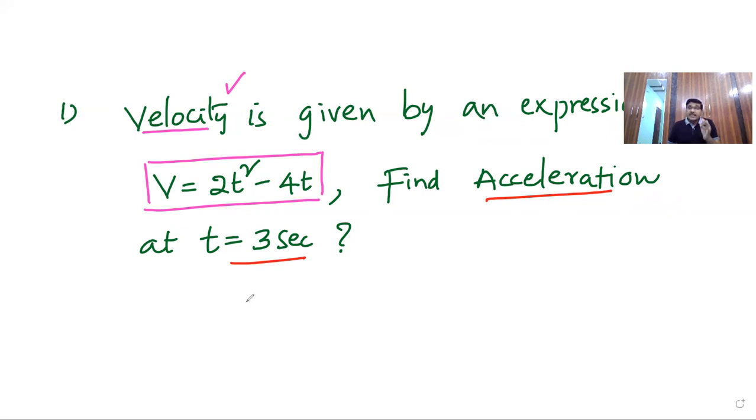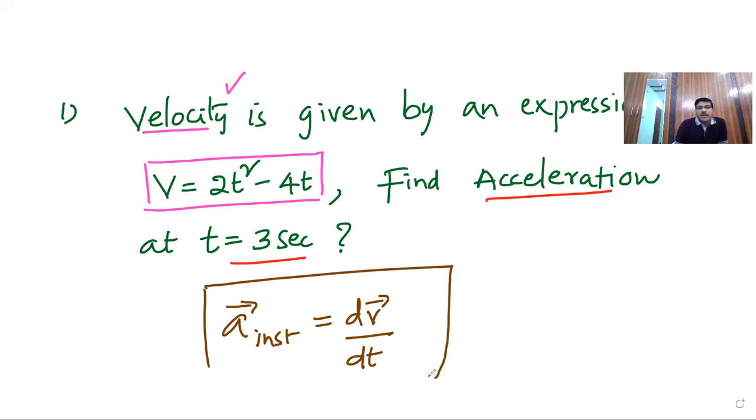So instantaneous acceleration is asked. What is instantaneous acceleration? Instantaneous acceleration is a equals dv by dt. This is the mathematical expression for that. Clear?